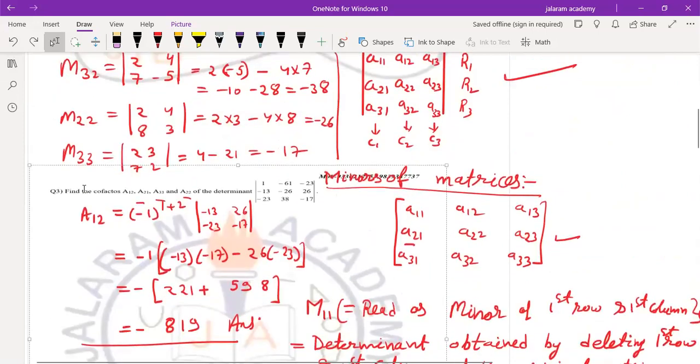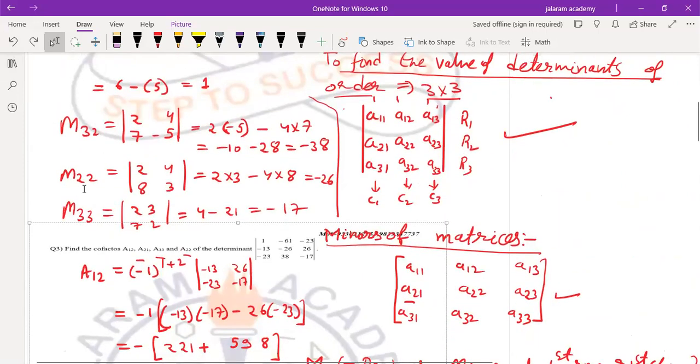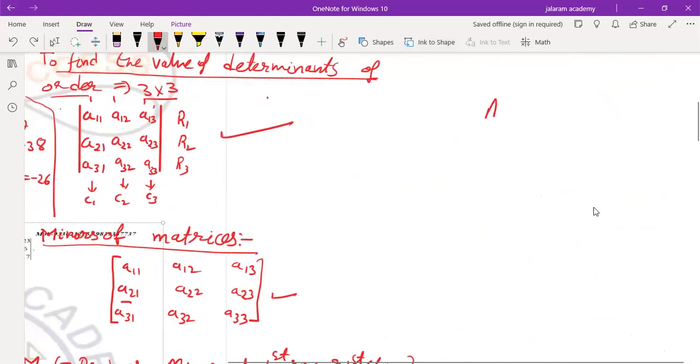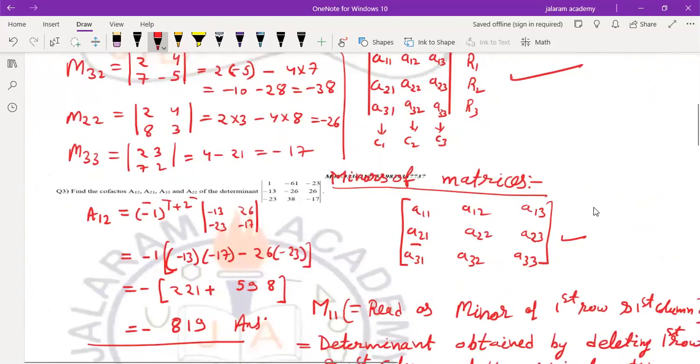So what will be the value of A21? A21 equals minus 1 to the power 2 plus 1 into minor of 21, means second row and first column will be deleted.